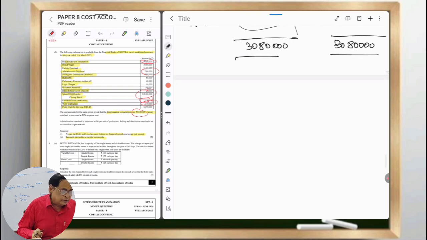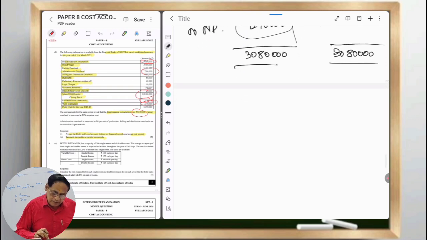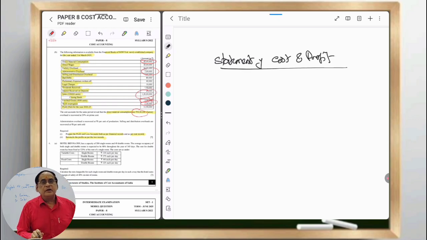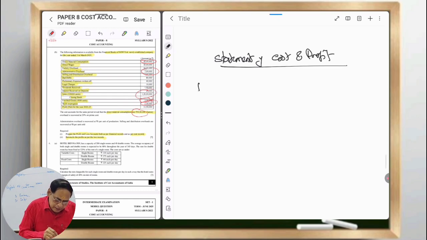Now let's prepare the statement of cost and profit, I mean cost accounting details. So here we know the method. Prime cost we have to calculate, and then factory overhead, and then cost of production. So direct material, how much?